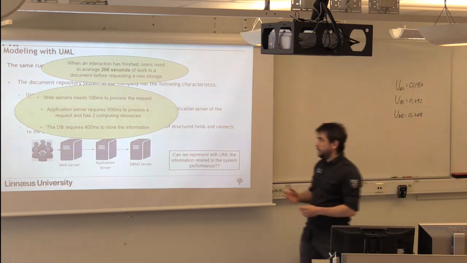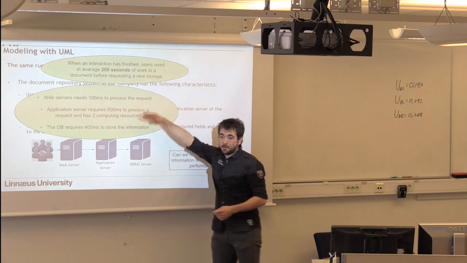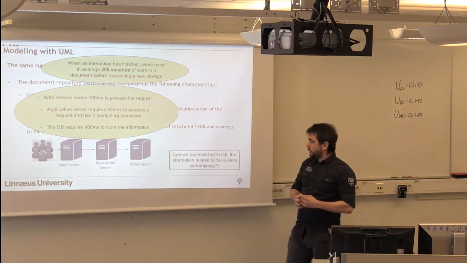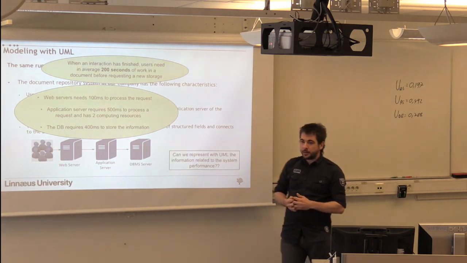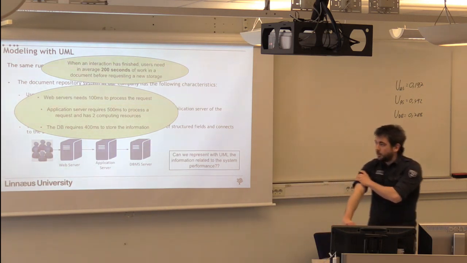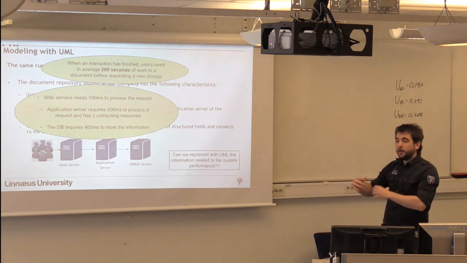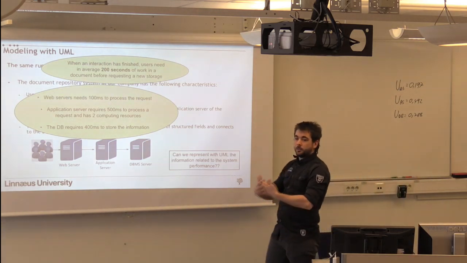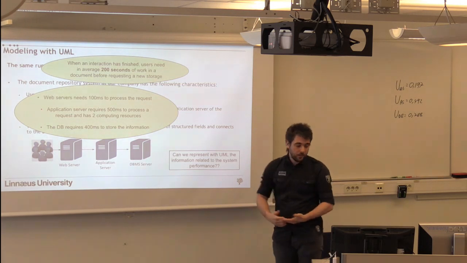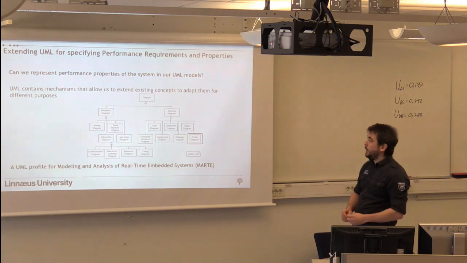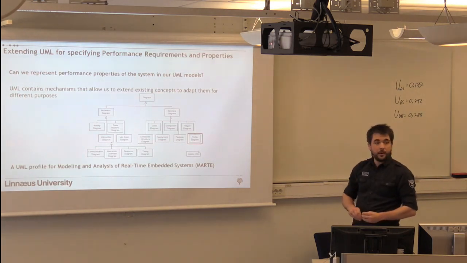So this is information of our system, and if we are using UML, we don't know if we can represent this information in the diagrams. So for including this kind of information and having a complete UML model that also represents the performance information, we need to extend the capability of the UML language.